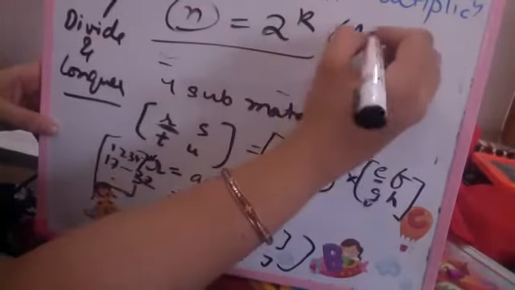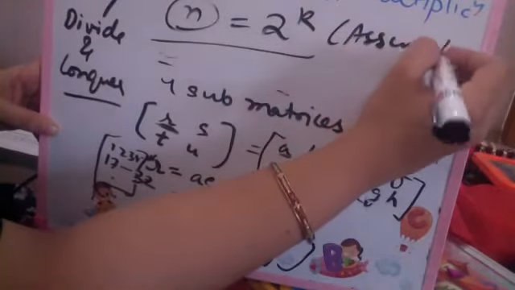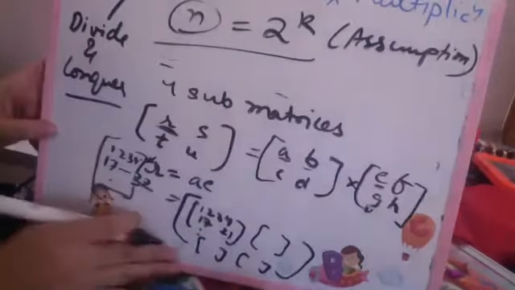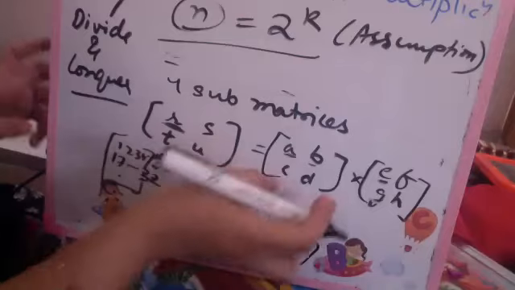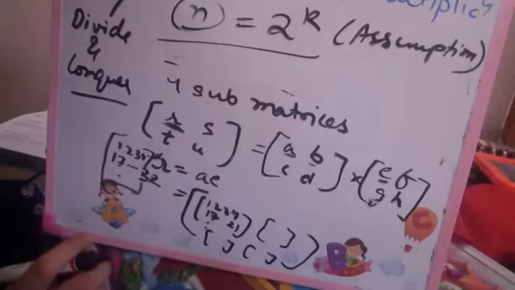This is my assumption for Strassen's matrix multiplication. Now, is it okay? Now you understand how I divided into 4 submatrices? Give me a yes or no, please.